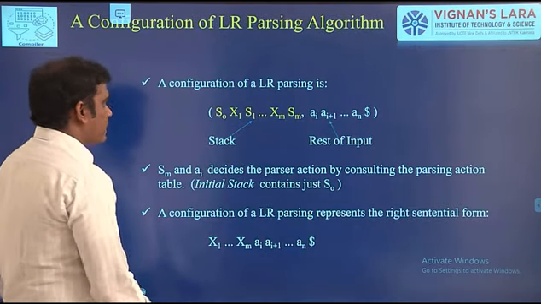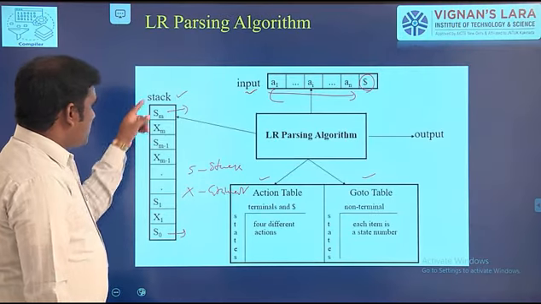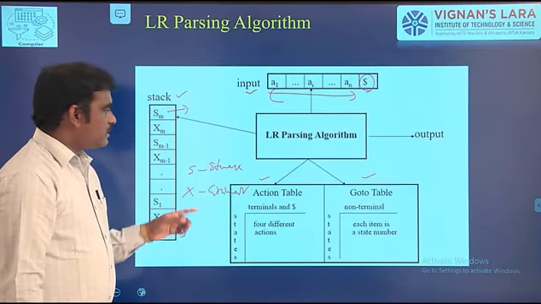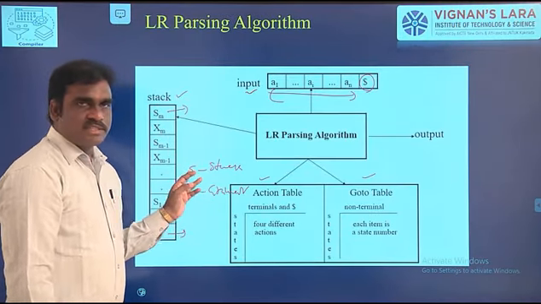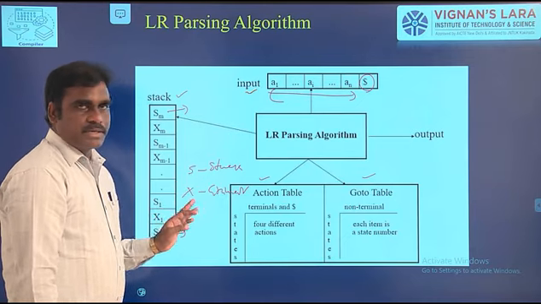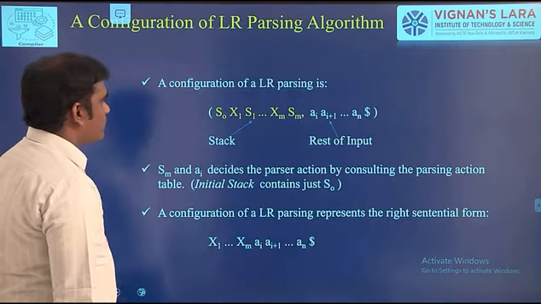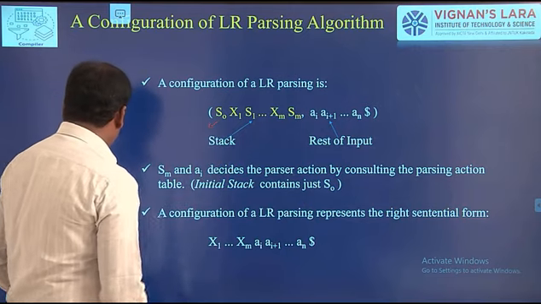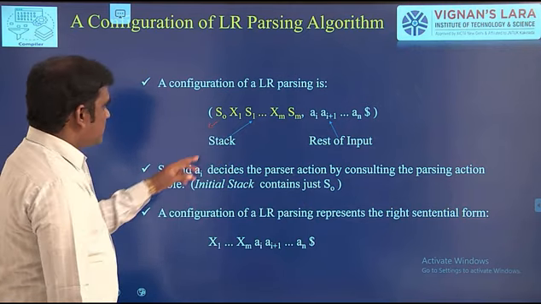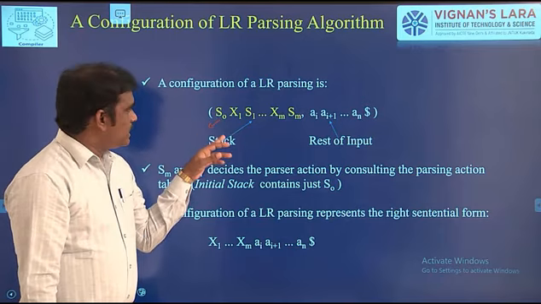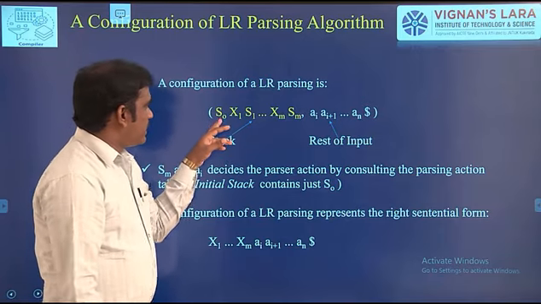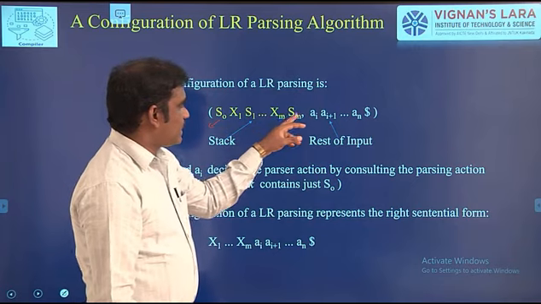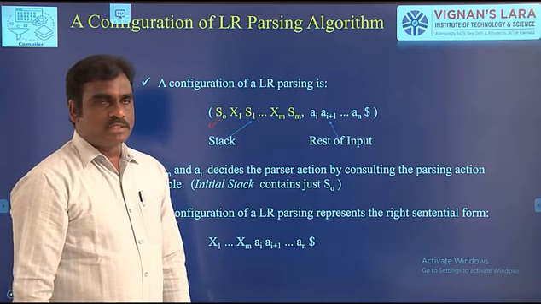So here I already mentioned that the stack contains two alphabets. One is the stack alphabet and the other one is the grammar symbol. Where S0 is the starting symbol of the stack: S0, X1, S1, and so on, Sm, where Sm is the top of the stack alphabet.